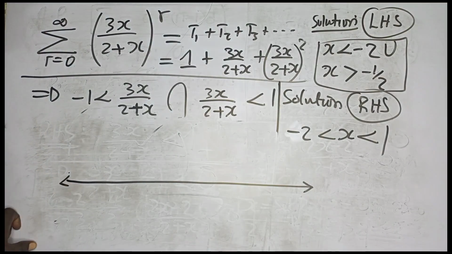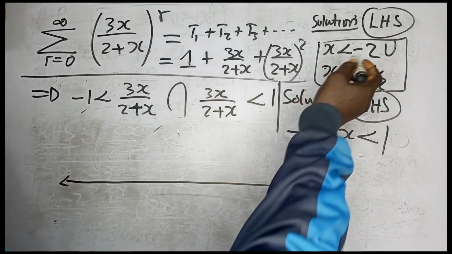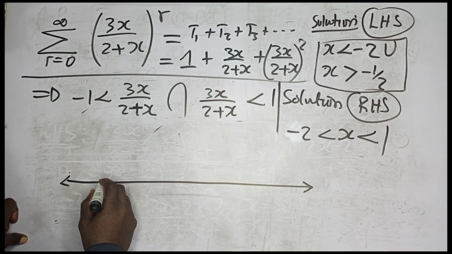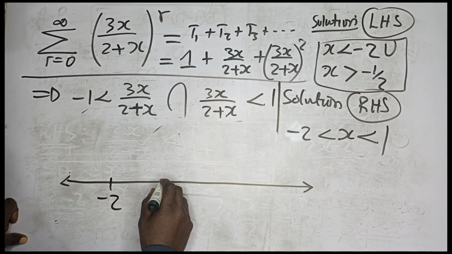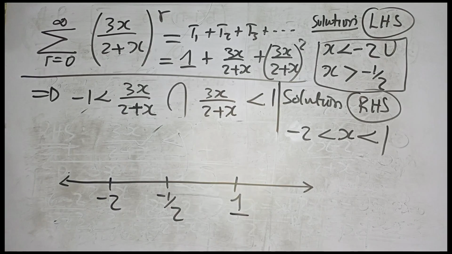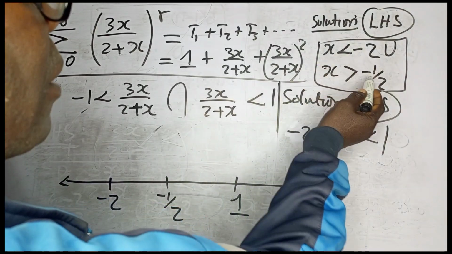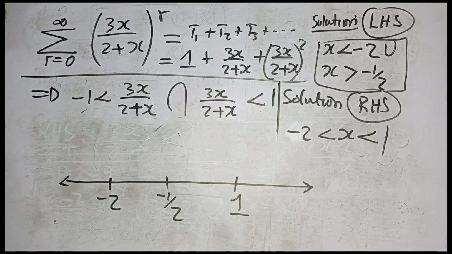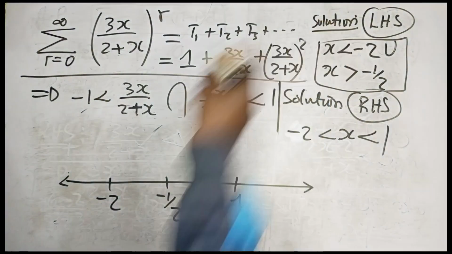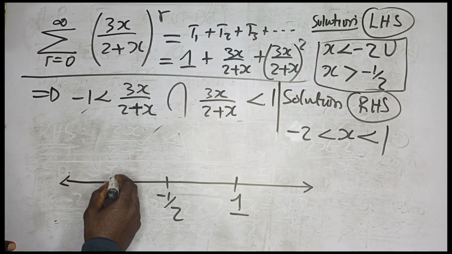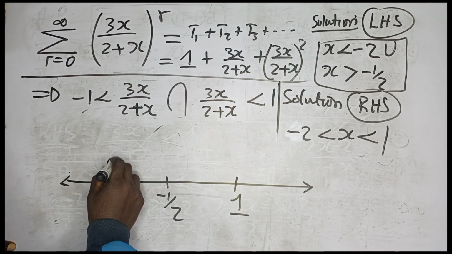We have this number line. So we have the values -2, -half, and 1. In the first solution, it says to the left of -2, without including -2.